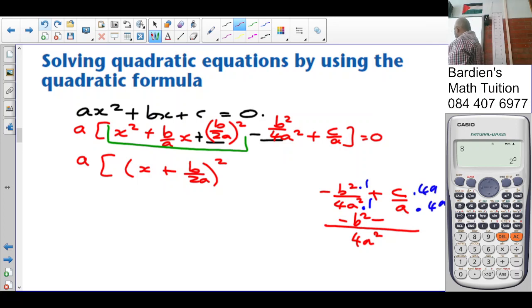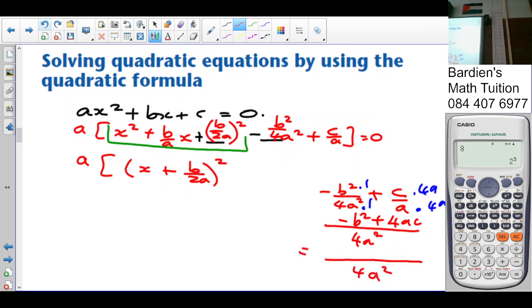That's going to give you plus 4ac. So I'm going to factorize the negative out. The negative comes out. So what am I left with? b squared minus 4ac. You all okay with that? Do you want me to do it again? Yes? Okay.